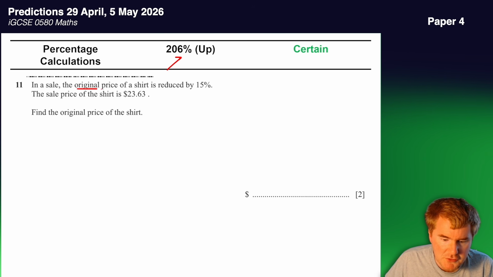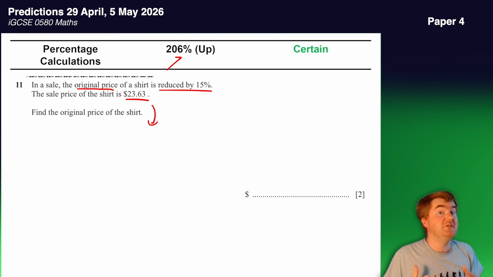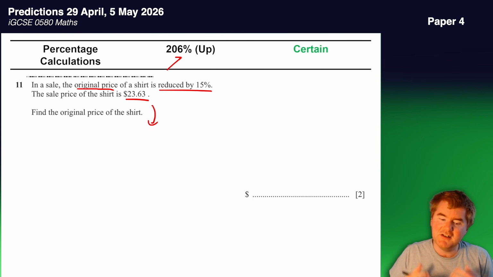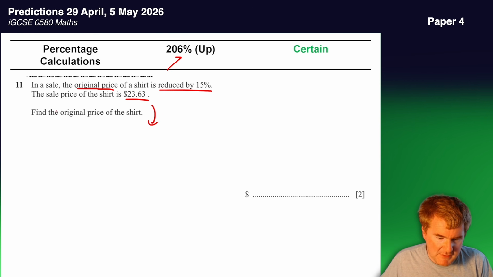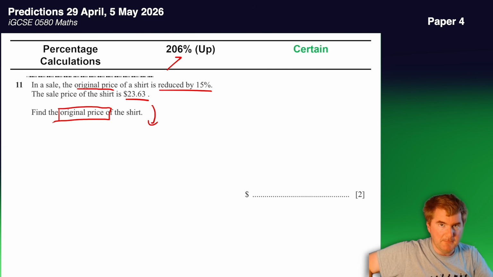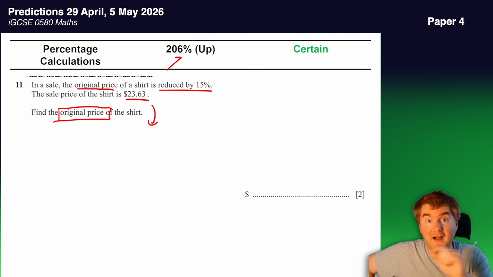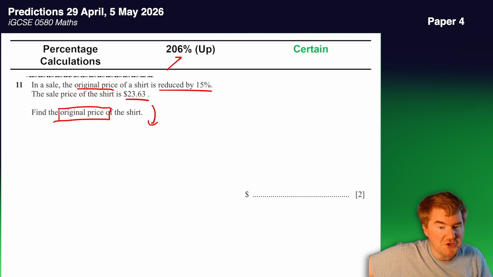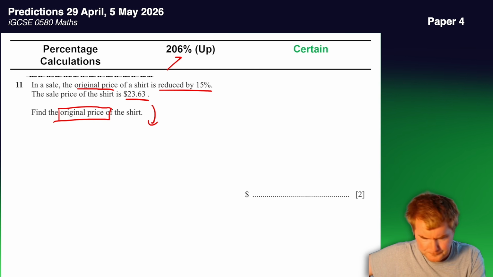They give you the original price is reduced by 15%. They give you the sale price, you have to work backwards. A lot of my community have struggled with questions like this because they're not reading the question. They need to work out the original price by dividing by the multiplier. If that doesn't mean anything to you, then please do watch my all of iGCSE percentages video, which goes through that in quite a lot of detail.